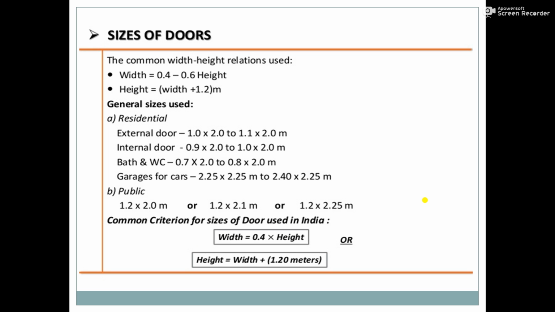So the common criteria for the sizes of doors used in India is width equal to 0.4 times height, or height equal to width plus 1.2 meters. These are the common criteria used in India for the sizes of the various doors used in building structures.